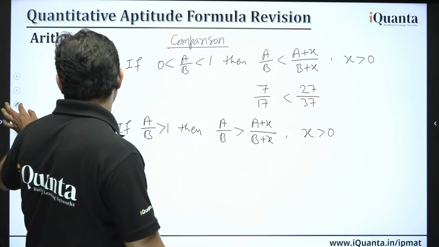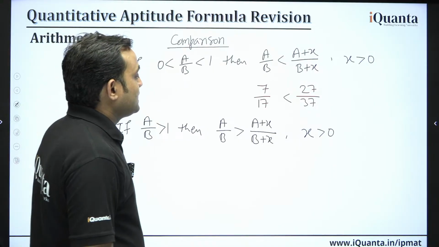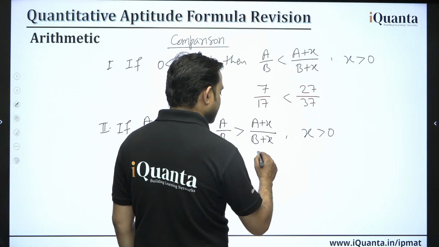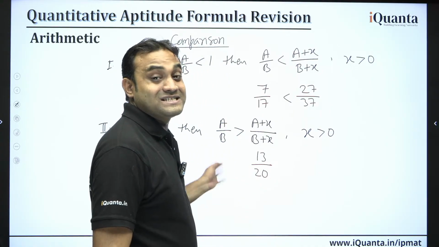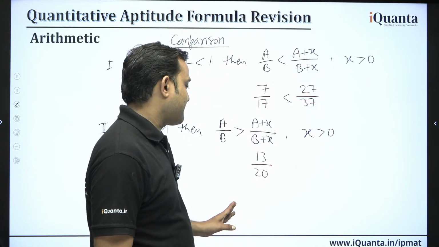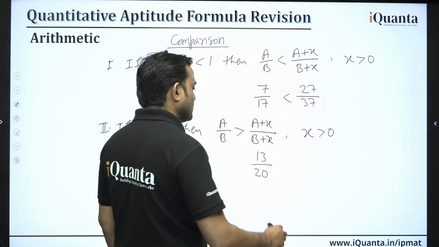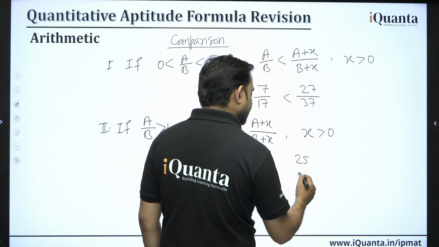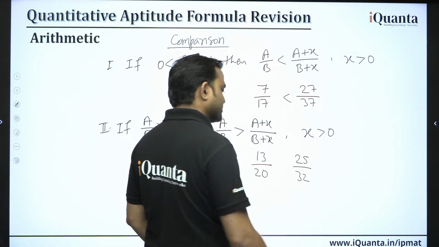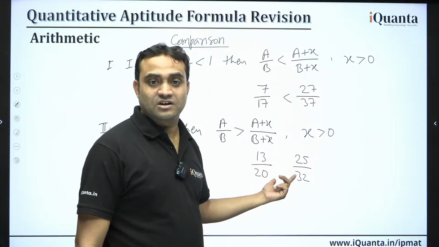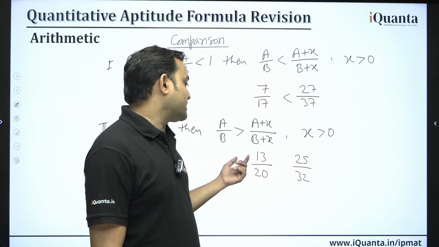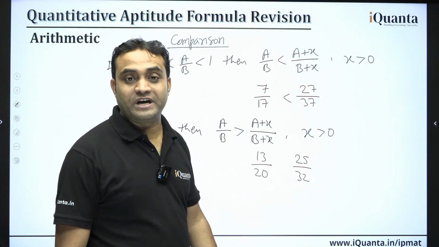Now again we can take another example. Let's say this value is 13 upon 20. Now if I add the same value, let's say 12, I get 25 here, I get 32 here. It could be a little calculative before we find which one is greater or which one is less, but you can check the difference is same in the numerator and denominator.